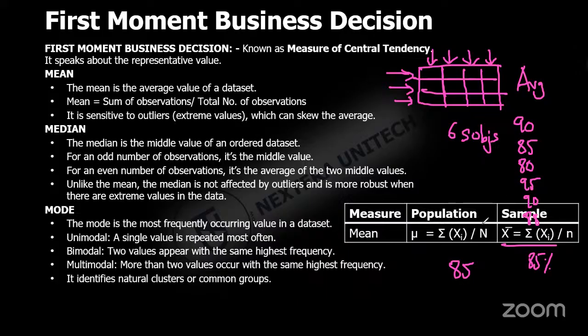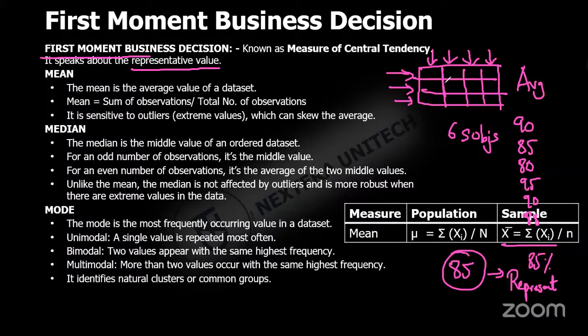There are subjects where I have scored more than 85, and also subjects where I have scored less than 85. But 85 is my representative value. It is representing my marks. So the first moment business decision will give us the representative value.